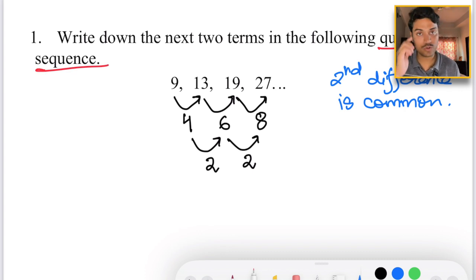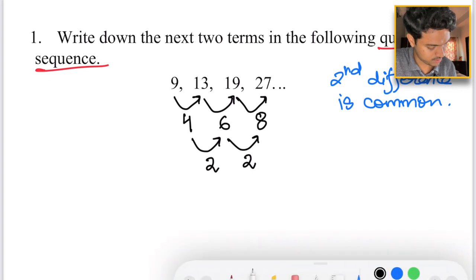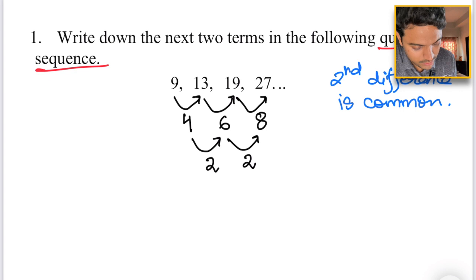Now we'll figure out how to find the nth term expression of this quadratic sequence. So there are three equations that we have to remember, but before that let's mark these three. So consider this as T1.